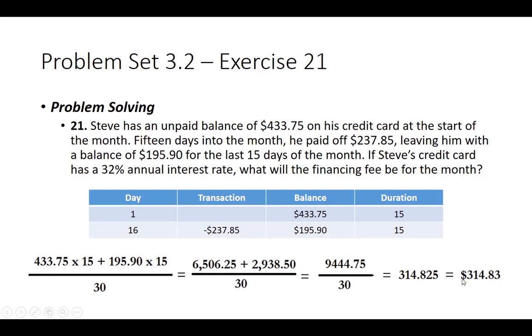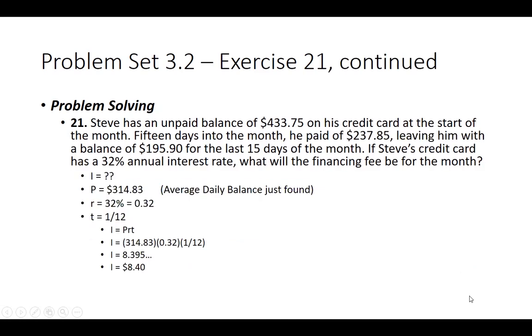Divide that by 30, that gives us 314.825, which rounds to the nearest cent as $314.83. That's the average daily balance, not the financing fee. So we need to continue.